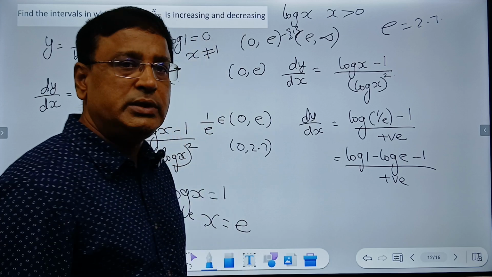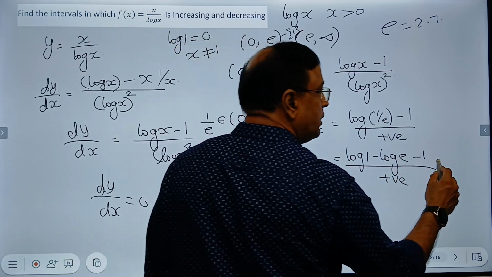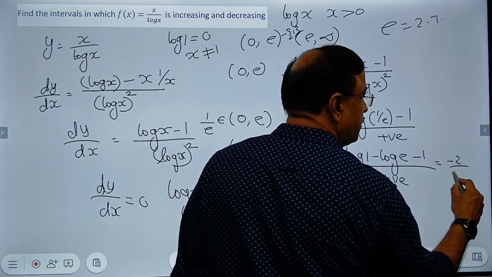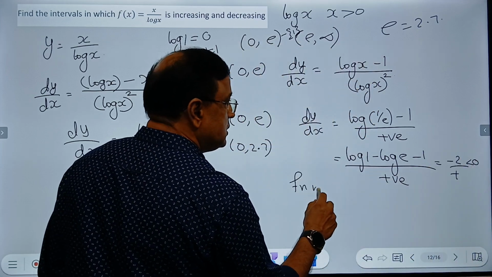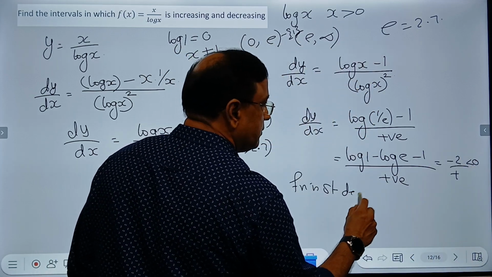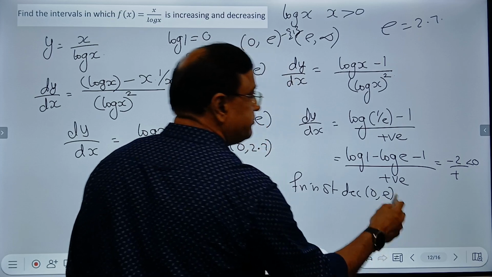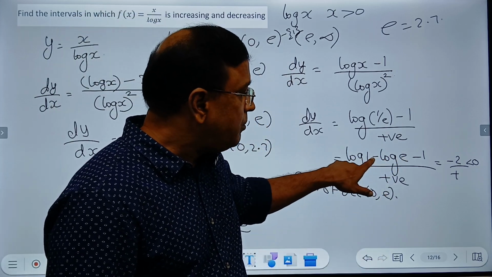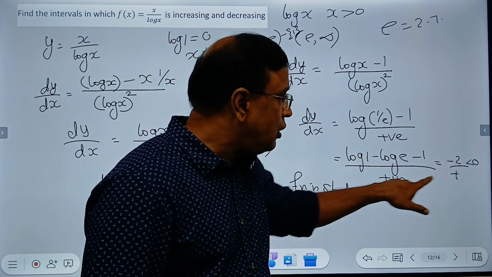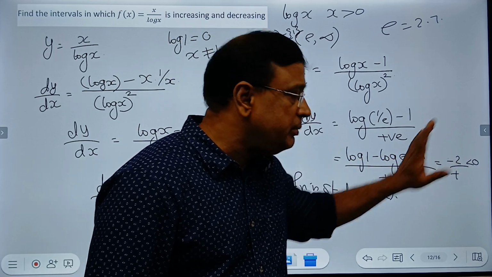Log 1 is always 0. Log e is 1. So, it is minus 1 by positive, which is obviously negative. Therefore, the function is strictly decreasing in 0 comma e. Denominator is positive. So, negative by positive will be negative.